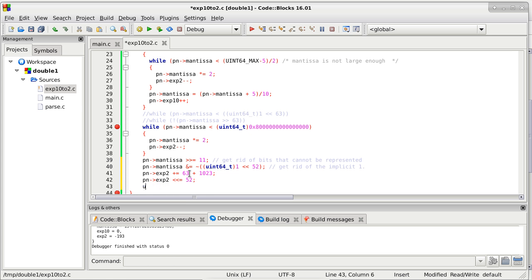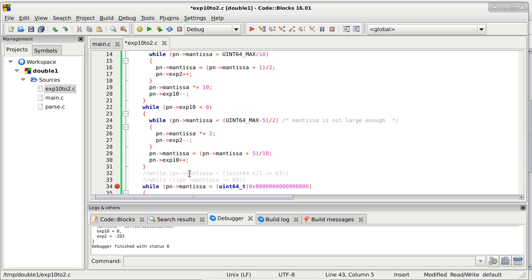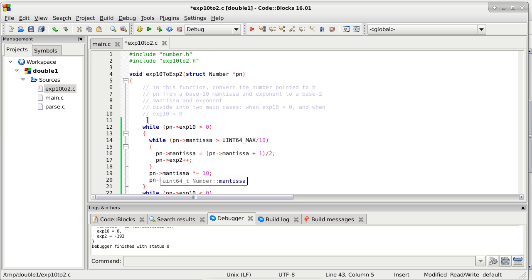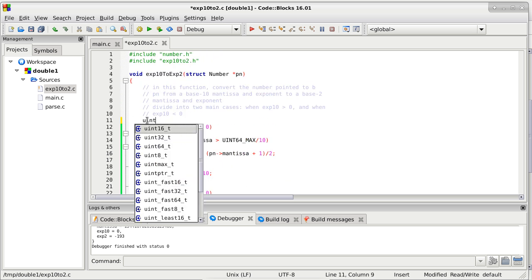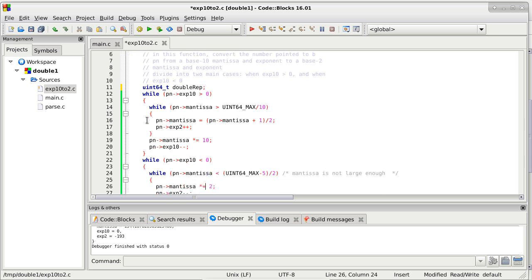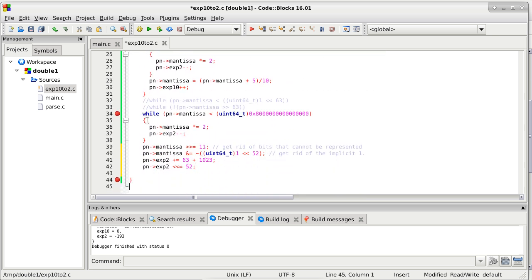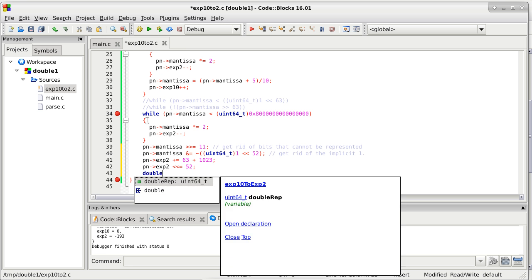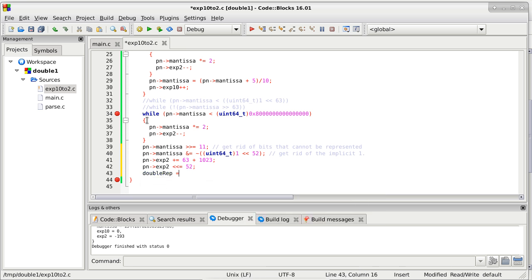Actually, this is not going to work, but we'll do it this way. This is the actual double representation, and then we'll use that. So now we have all three components.